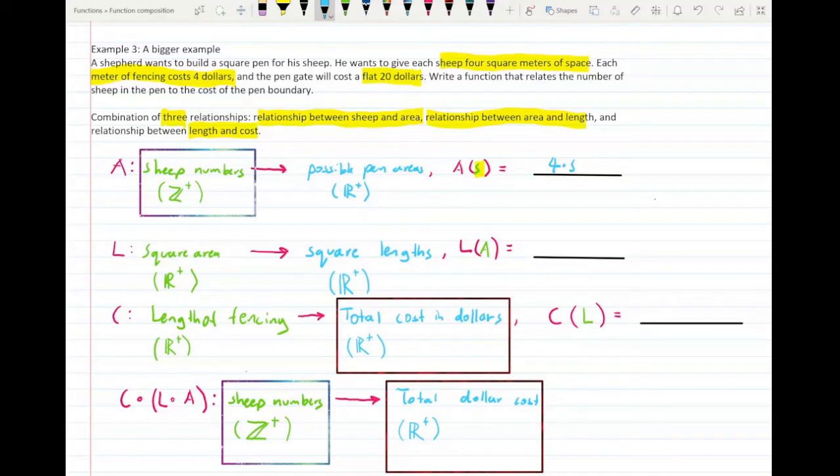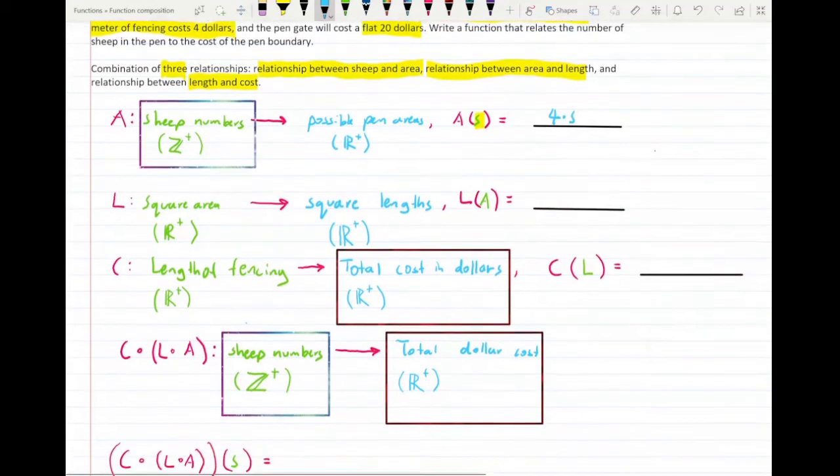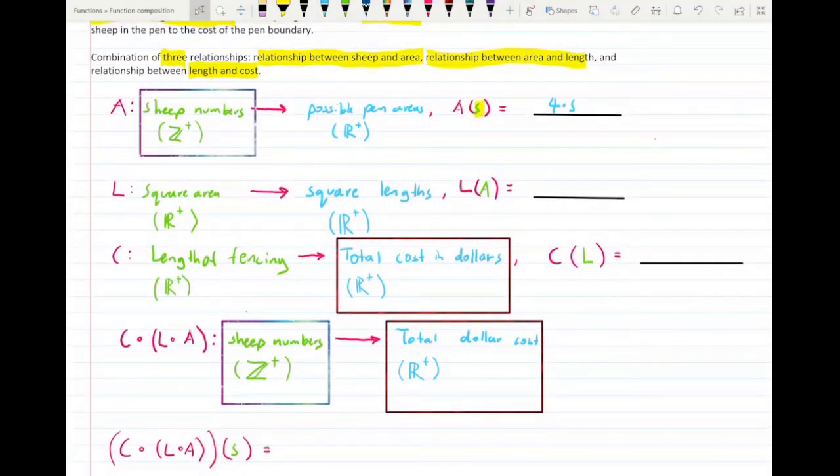All right. We then look at L, which maps the square area and outputs the square length, hence the name L. We know it takes in area. It's going to output the perimeter of the square. So we're going to need 4 times one side length of the square, which will be the square root of the area. Okay?